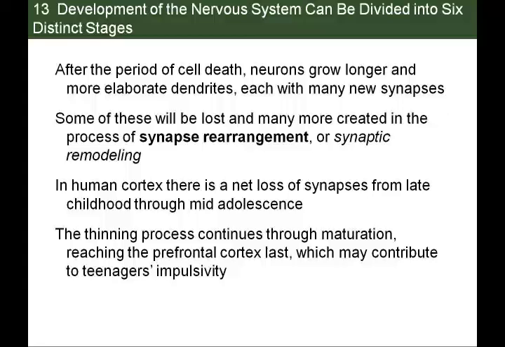After this period of apoptosis or cell death, neurons grow to be more mature and elongate, and they have more elaborate, and what I mean by more mature, I mean they have more dense dendrites, they grow new synapses, just the circuit becomes more mature. Okay, which creates a new synaptic arrangement.